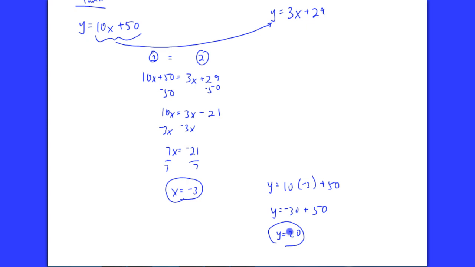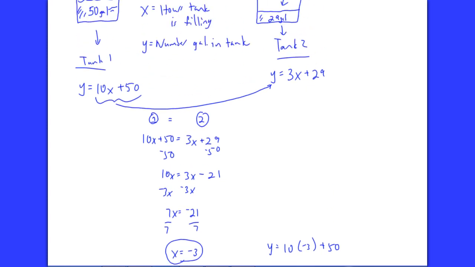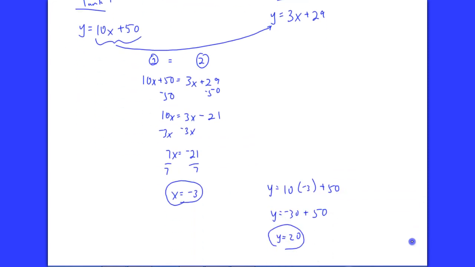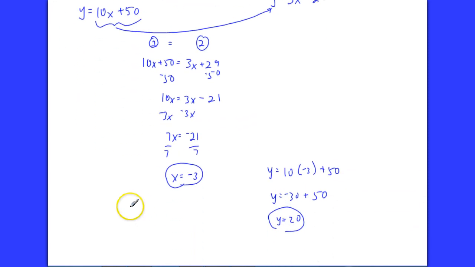So I get negative 3 for x and y is 20. Let's go back to our variables here. x is representing the hours that the tank is filling. So we came up with the tanks being the same at negative 3 hours.